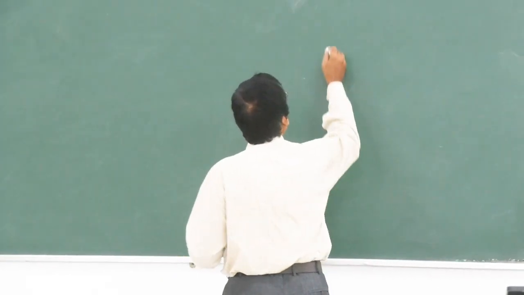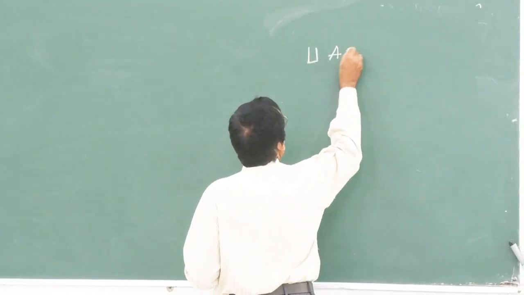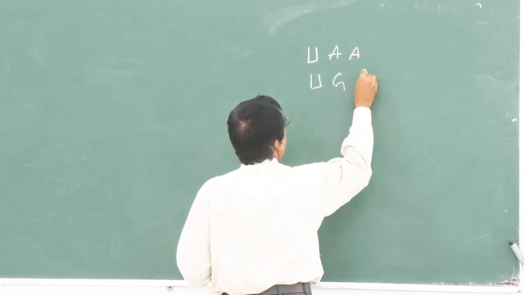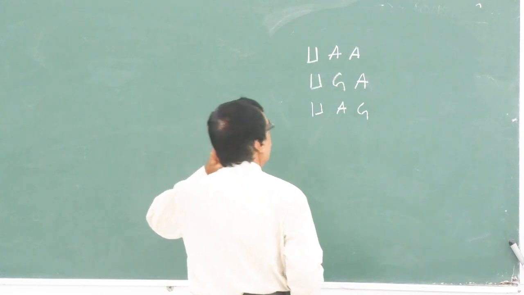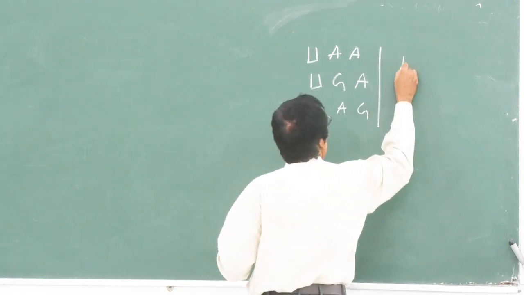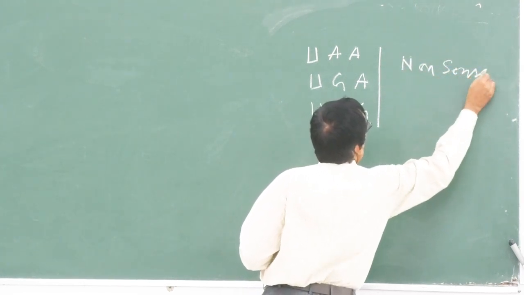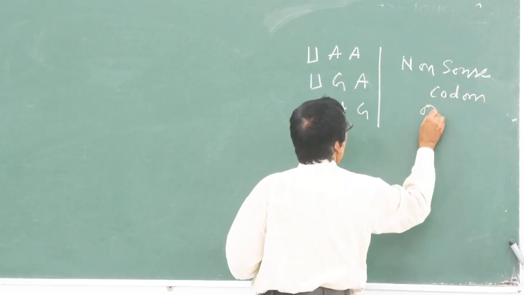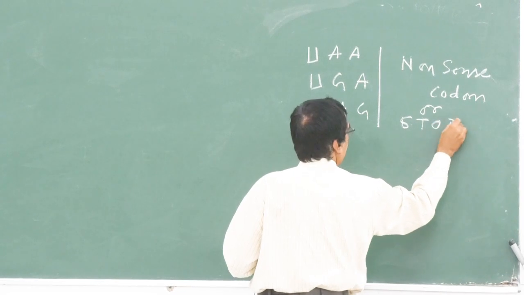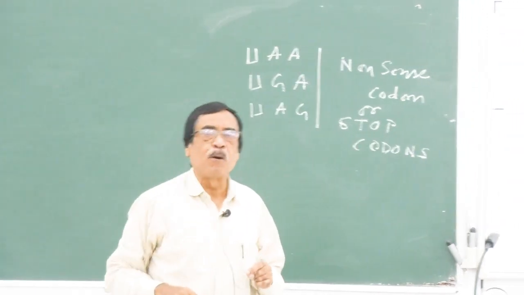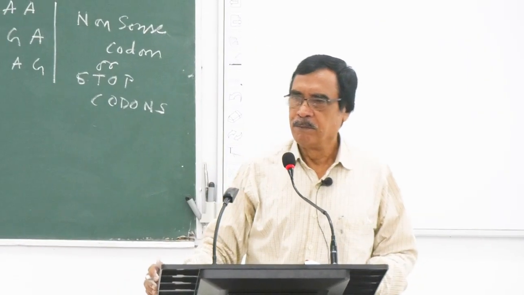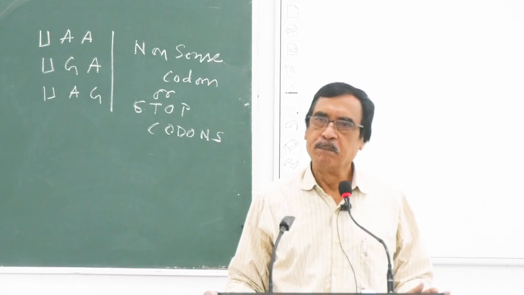These 3 codons are called nonsense codons or termination codons, or stop codons. Their function is to stop translation. Appearance of a stop codon means translation will be stopped, with no further elongation of the peptide chain.